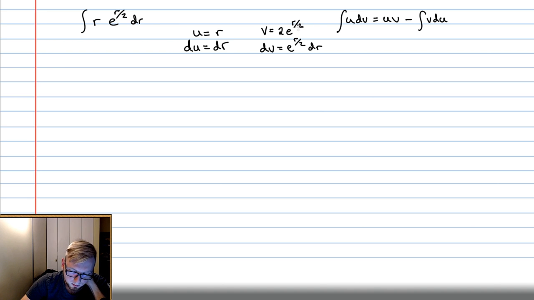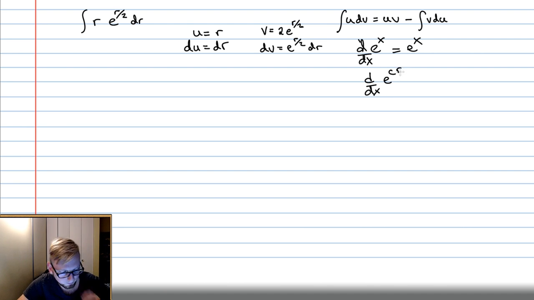I know that because if we take the derivative again, the derivative of e to the x is just e to the x. So when it's got a constant, you just bring down the constant over and over again. No big deal.